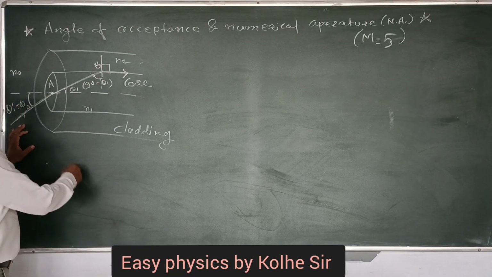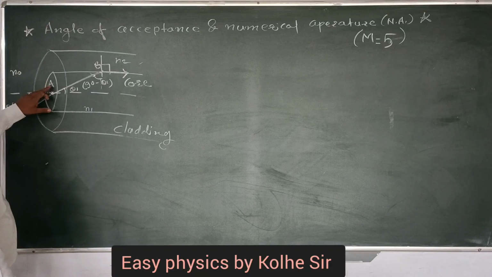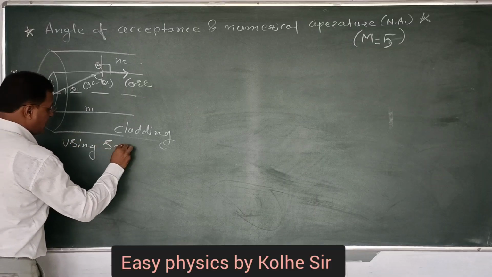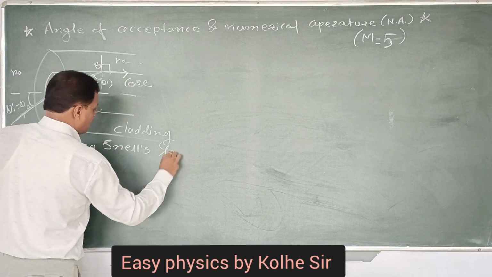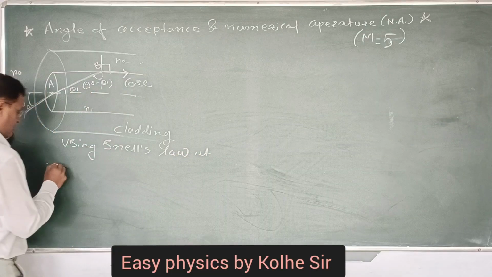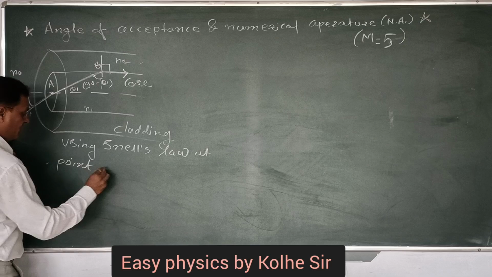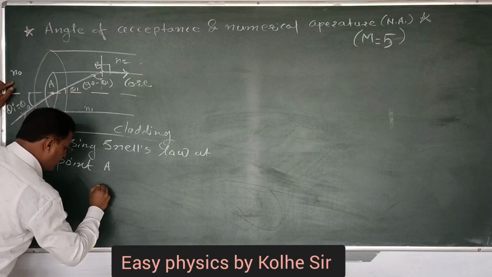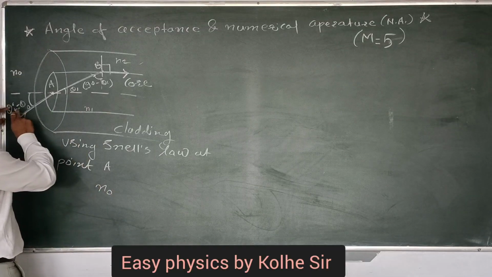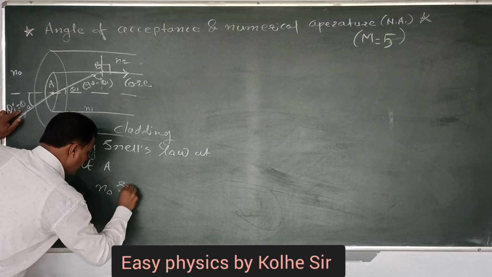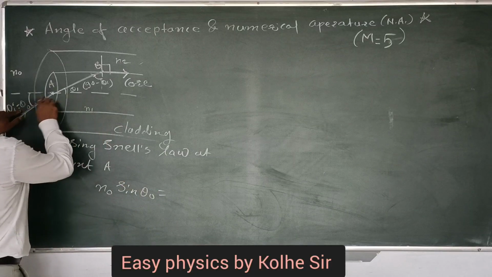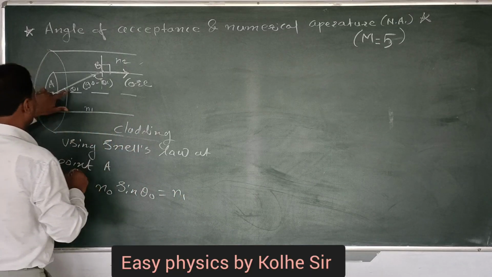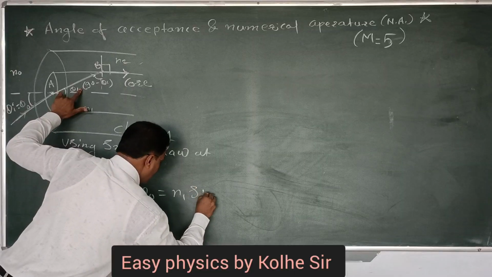Now we apply the Snell's law for the point A. So using Snell's law at point A, refractive index of this medium is n suffix 0 and incident angle is theta 0, so n0 sine of theta 0 is equal to refractive index of core n1 and refracted angle is sine of theta 1.